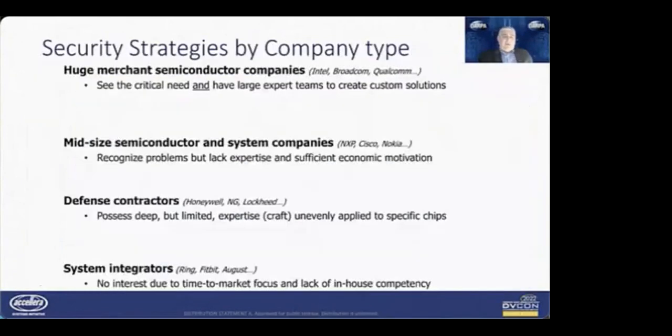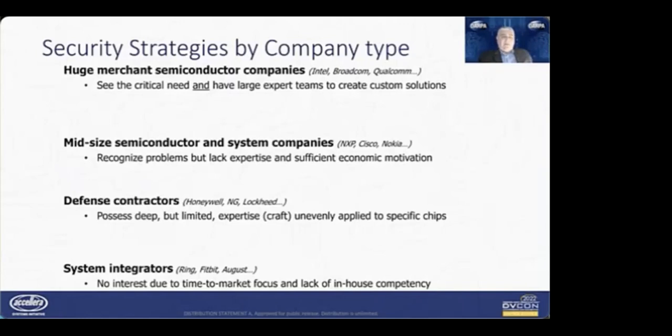So who are we trying to help with this technology? If you look at the parties that design chips today, you see huge merchant semiconductor companies. For them, security is very much a central question, because it ties to business factors like revenue and liability.